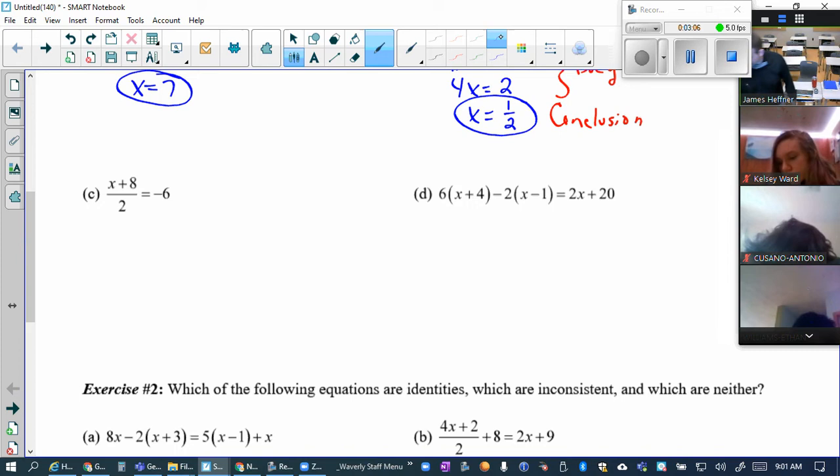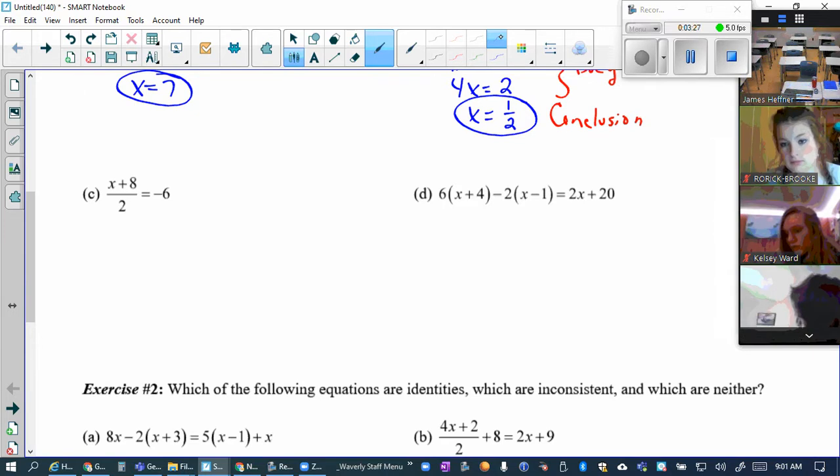What's the answer for C? What does X equal? X equals -4? Sure about that? Double check it. Anybody have something different? I got -20.